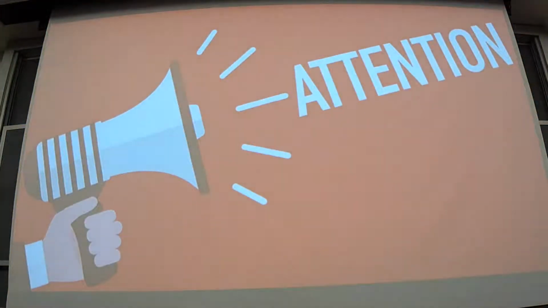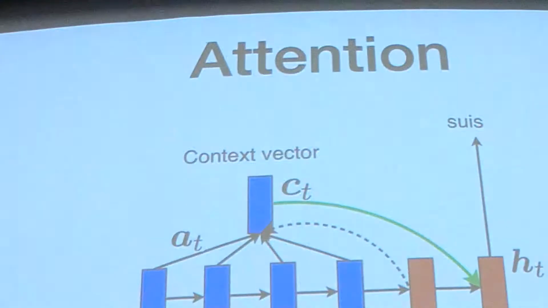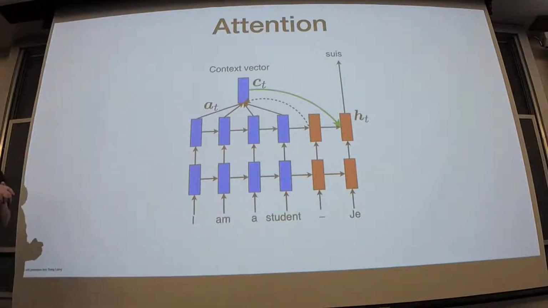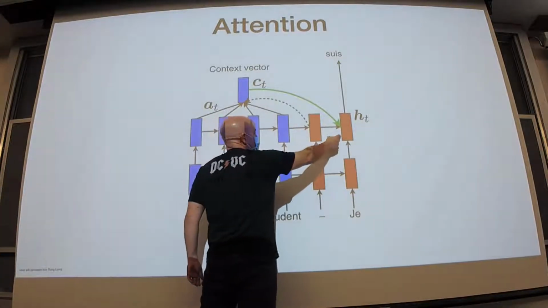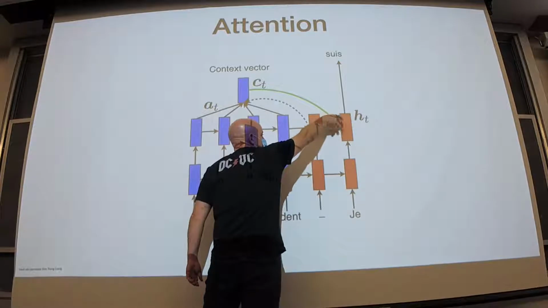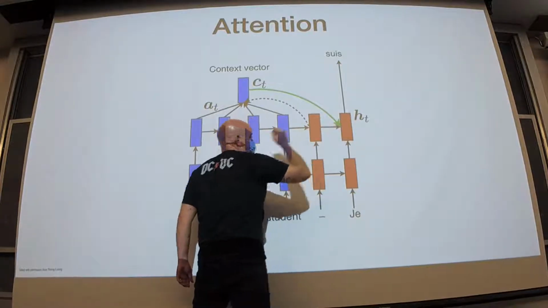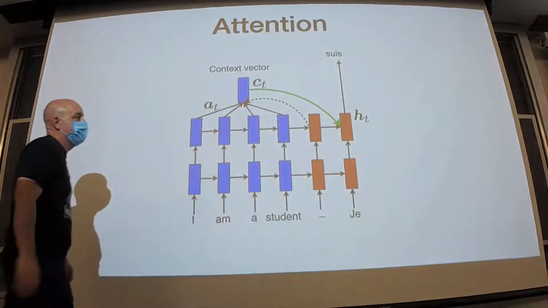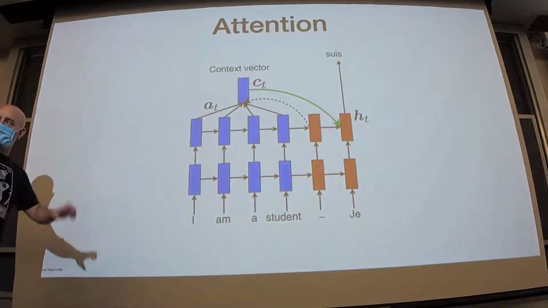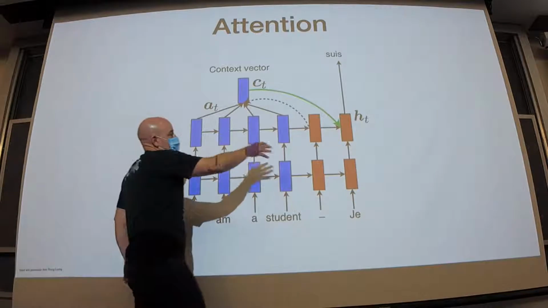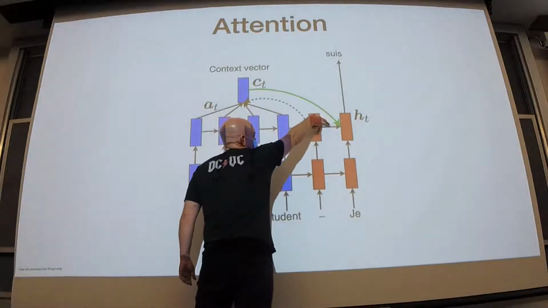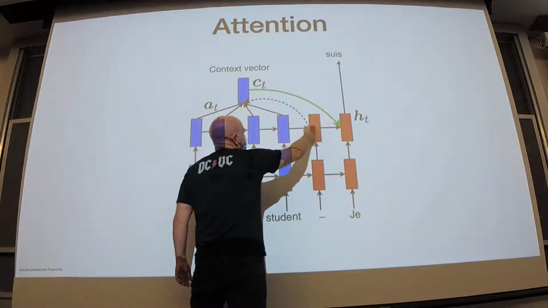Attention. And remember, it just looked like this. The idea was as you were learning the hidden state that you're going to input to the next stage of the decoder in your seq-to-seq model, your sequence-to-sequence model, what you did was you took the hidden state from the previous stage.